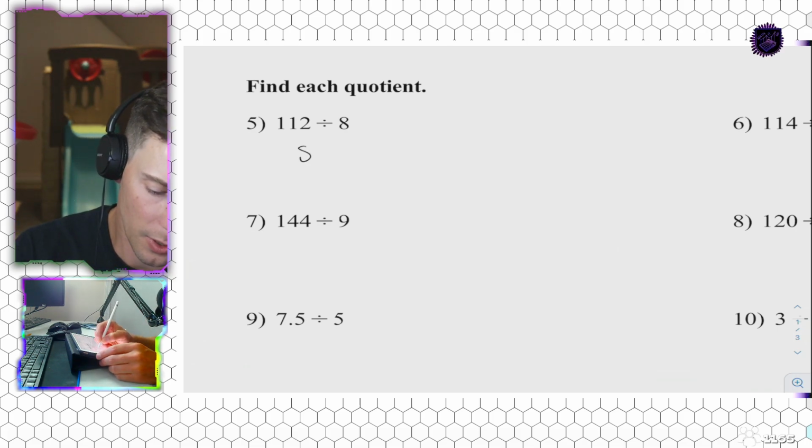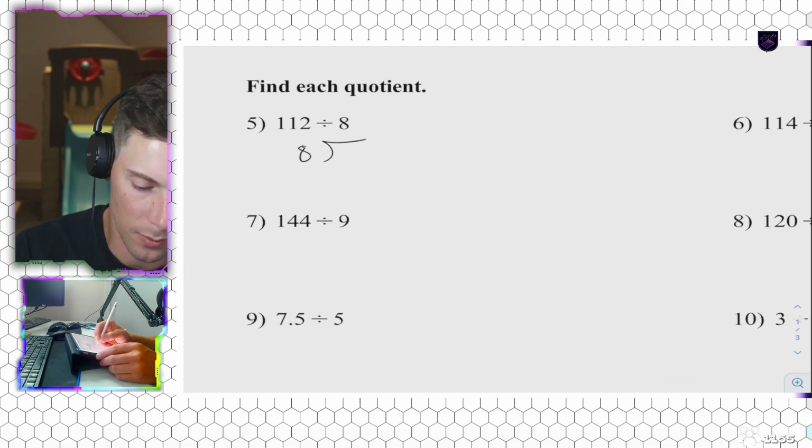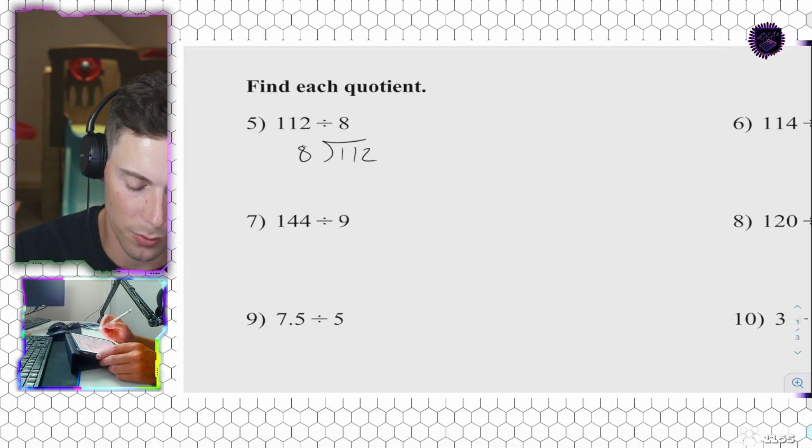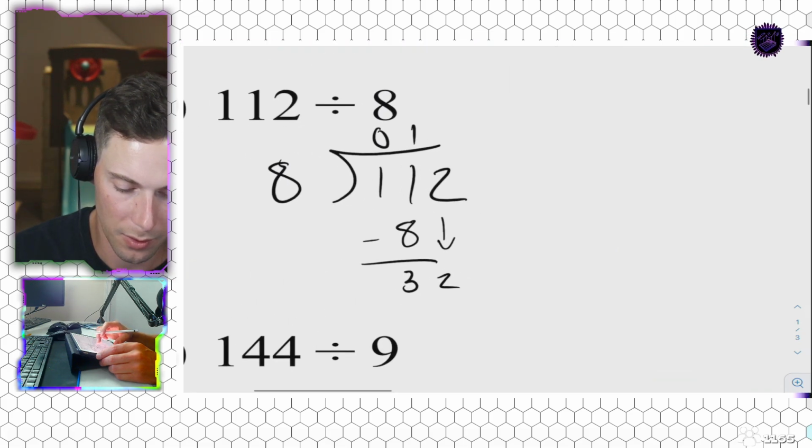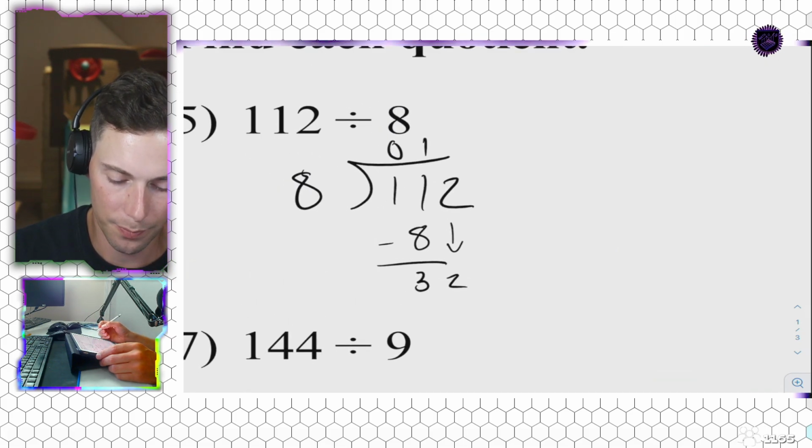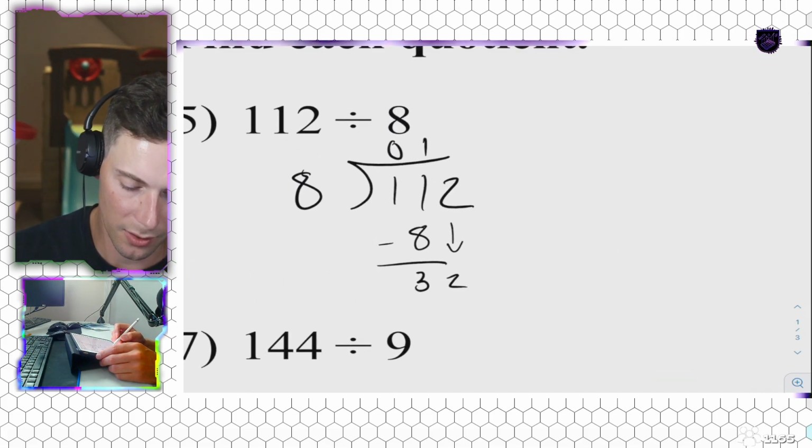So we'll go 8, 1, 1, 2. Does 8 go into 1? No. Does 8 go into 11 one time. We'll do that math. This will be 3. We'll drop down our 2. Let's zoom in a little more for you. Drop down our 2. Does 8 go into 32?